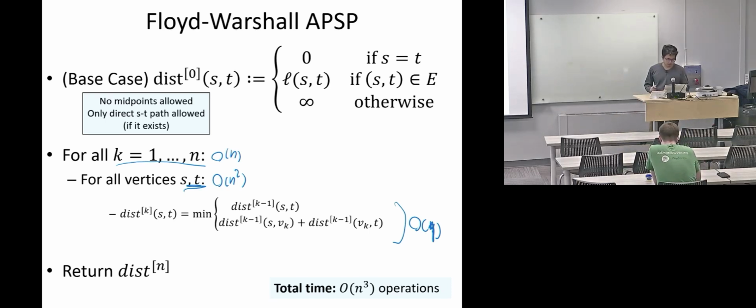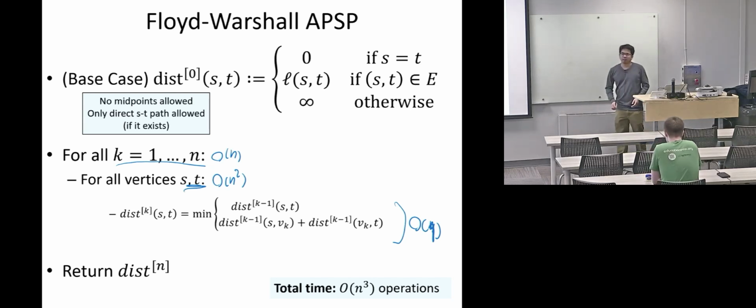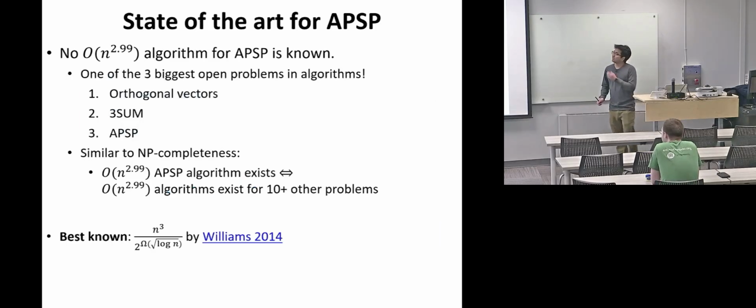So this is n cubed time. What's the best known algorithm? It turns out that the state of the art is not much better.